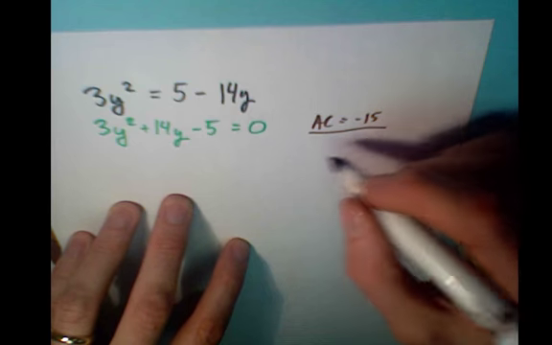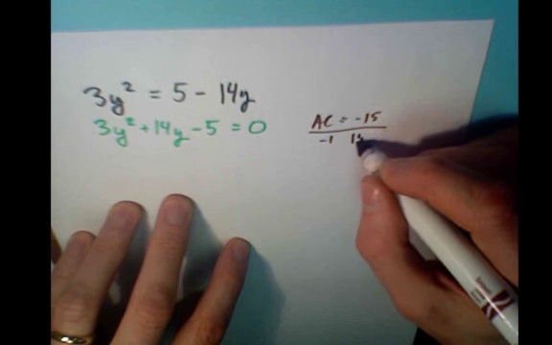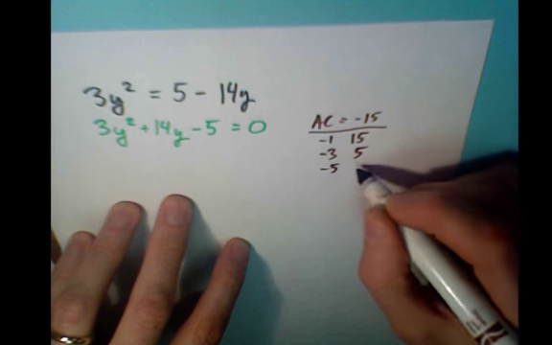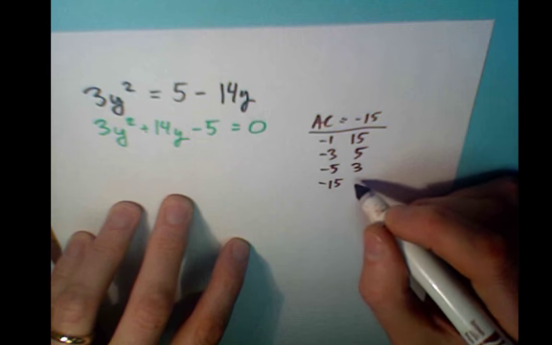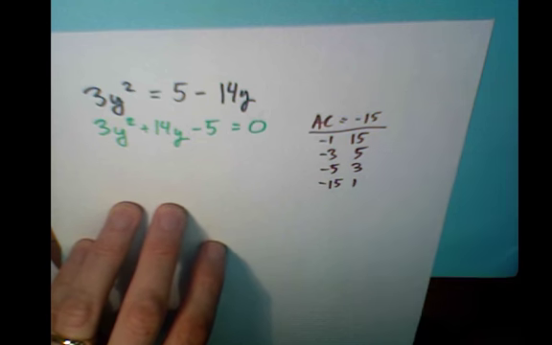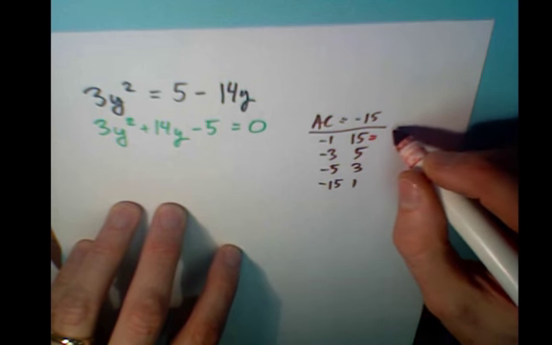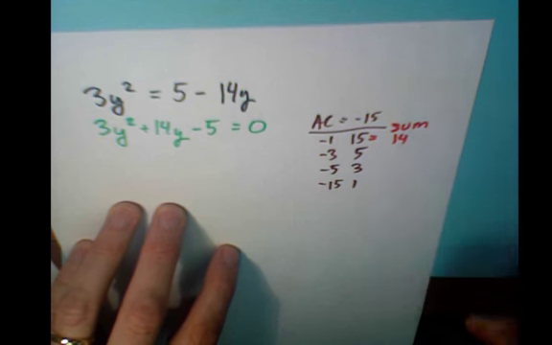We're going to list all of them, even though you don't really need to do this. Negative 1 times 15, negative 3 times 5, negative 5 times 3, negative 15 times 1. And I hope you can see very clearly that this one has a sum of positive 14.